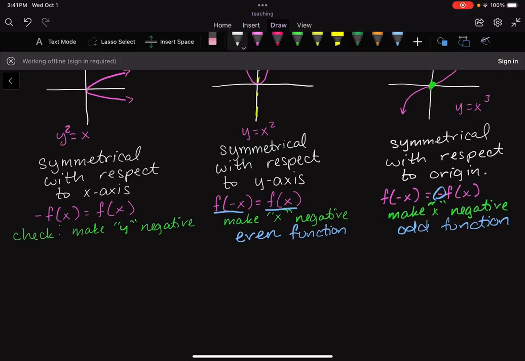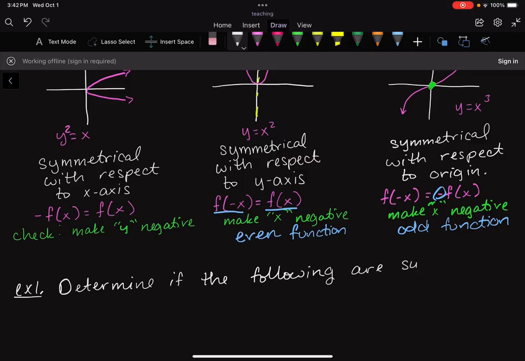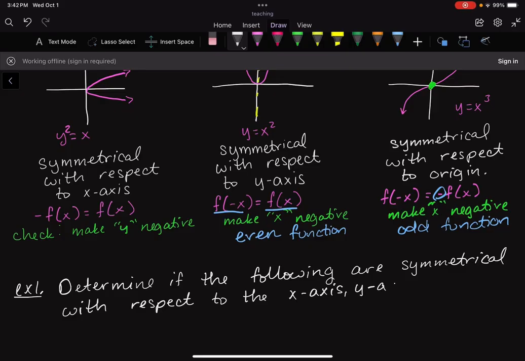So first, let's do an example of finding some symmetry. So example 1, we're going to determine if the following are symmetrical with respect to the x-axis, the y-axis, and the origin.